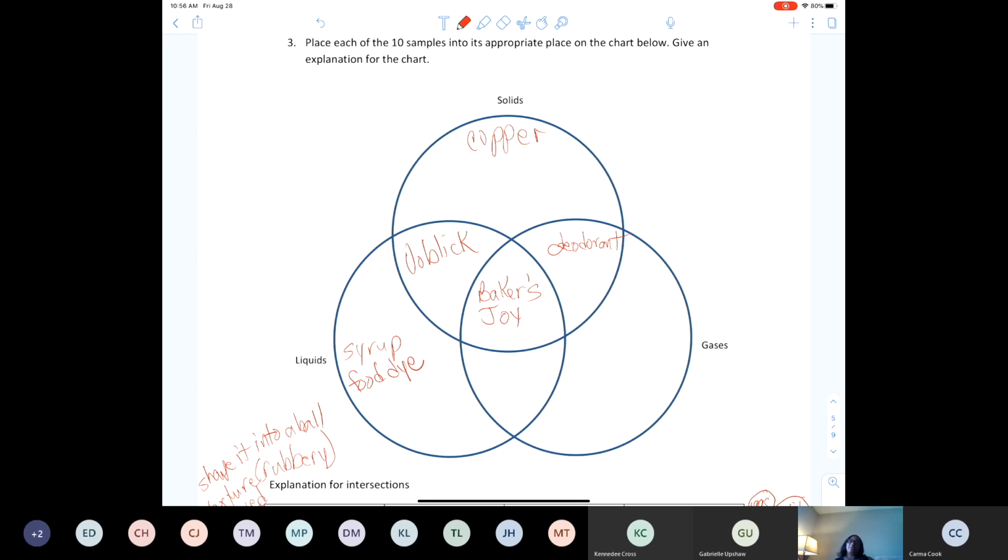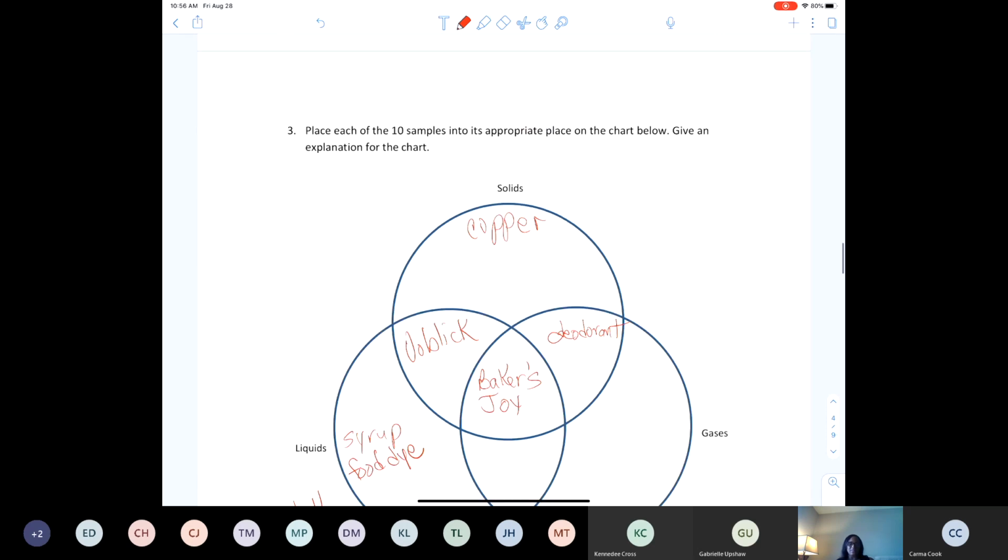Or if you didn't notice the evaporation, if you just put it in the solid category, I won't take off for that either. The deodorant was a tough one. The antiperspirant and the hand sanitizer that Jesse wants to talk about, those are a little tricky too.